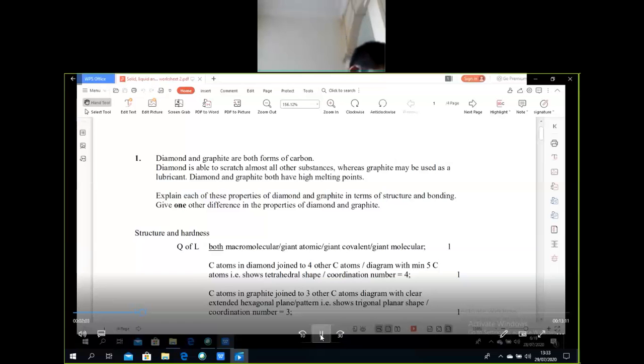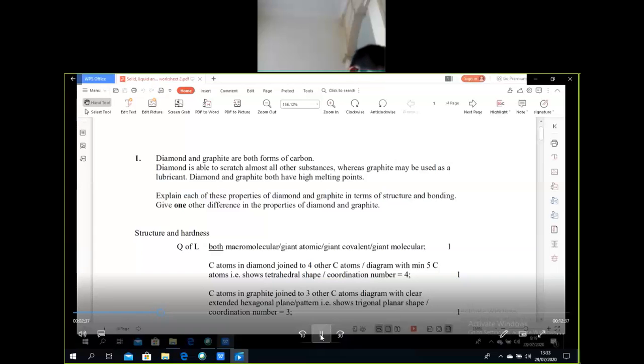And then in graphite, one carbon is bonded to other 3 carbon atoms. Because there is one half lone pair and there are 3 bond pairs only, we can call the shape of the molecule trigonal planar.